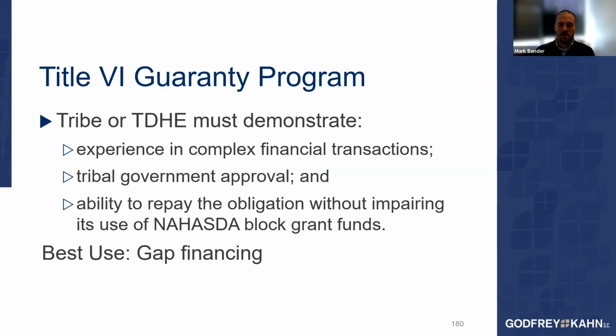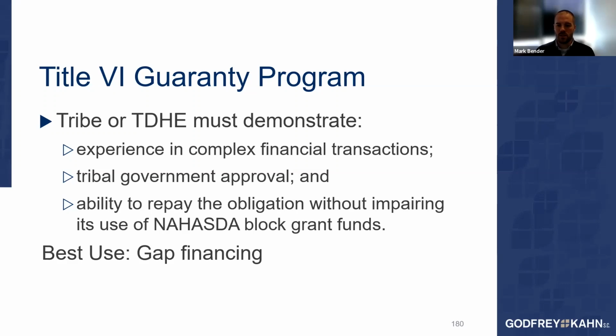The TDHE must then demonstrate it's experienced in complex financial transactions, and this usually requires a resolution from the tribal government, since the Indian housing block grant that is being pledged against the loan belongs to the tribe, not to the TDHE. HUD will want to know that the TDHE has the ability to repay the loan without impairing or blocking the future use of NAHASDA block grant funds.